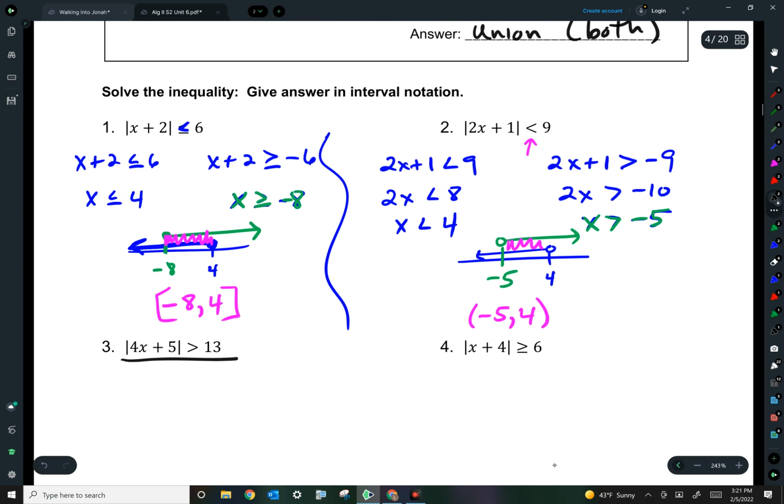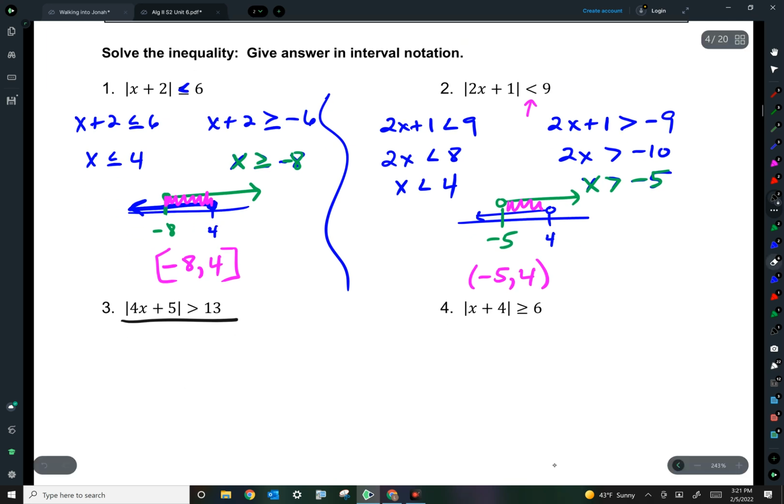So when I look at number 3, I'm going to write my two equations, right? The absolute value is already by itself. So first equation, stuff underneath, 4x plus 5. And then you just keep writing exactly what you see, greater than 13. Second equation, 4x plus 5. So it's the second equation that you flip the inequality. So this time it's the less than, and you also make it negative.